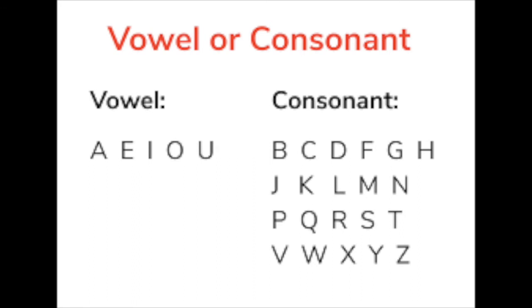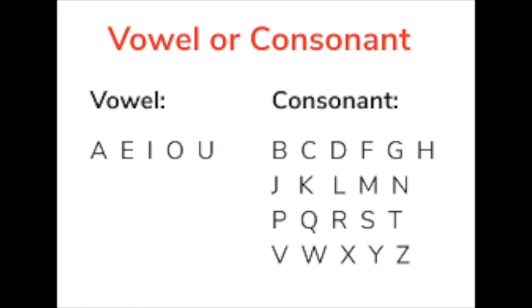Firstly, we have 26 alphabet, isn't it? Of which we have 5 vowels and 21 consonants, isn't it? Now, the words starting with vowel sound, before them we use the article an.